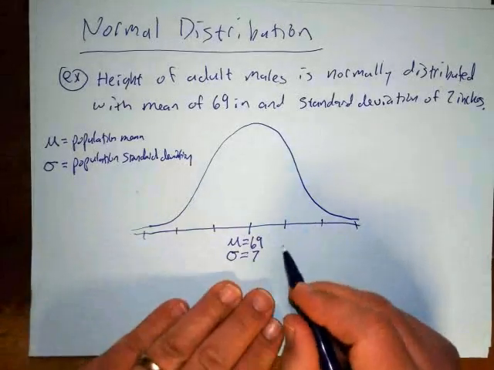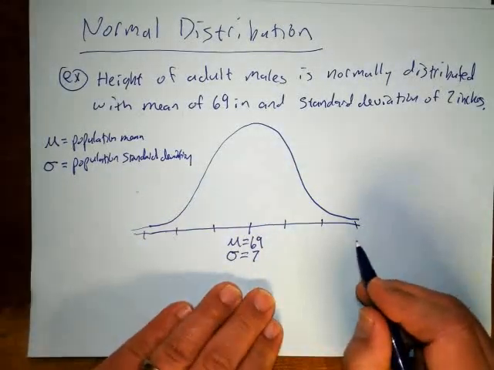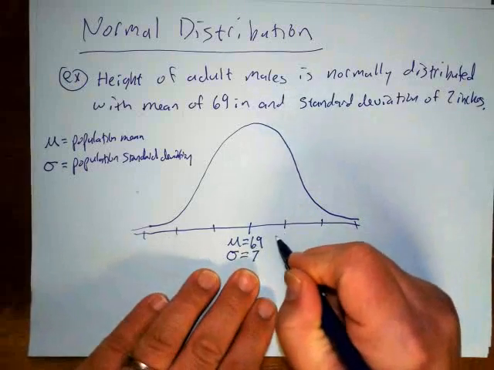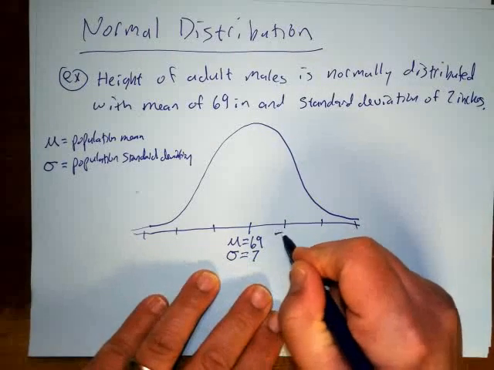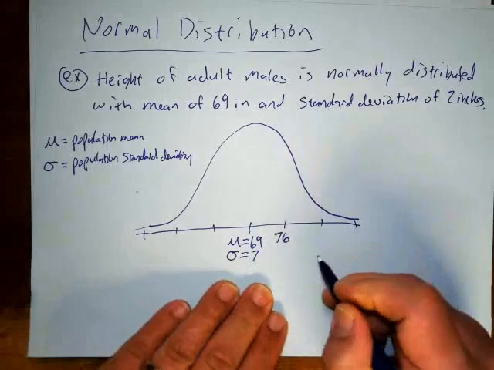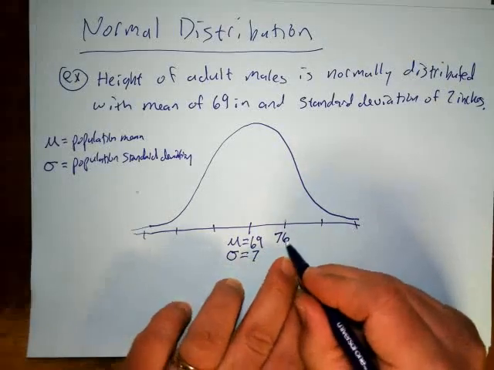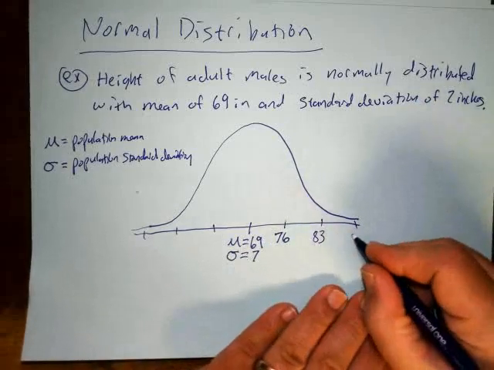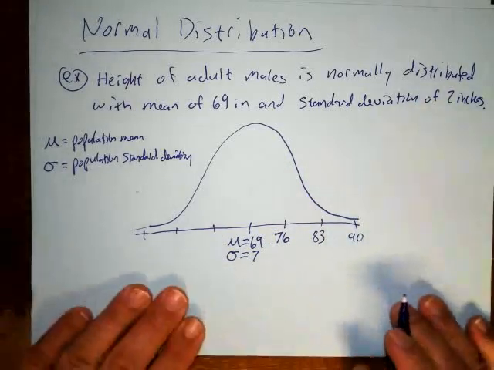Then I can calculate what these heights would be. 69 inches plus 7 inches would be 76 inches. If I add 7 to 76, I get 83 inches. If I add 7 again, I get 90 inches.